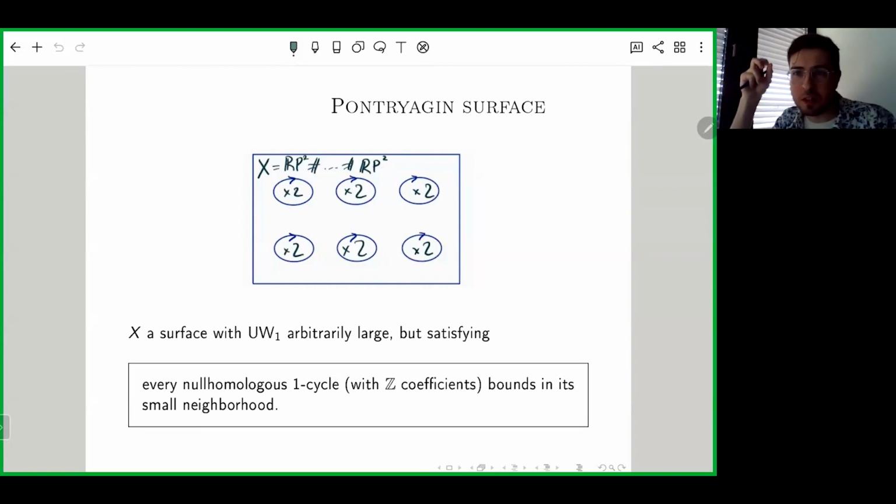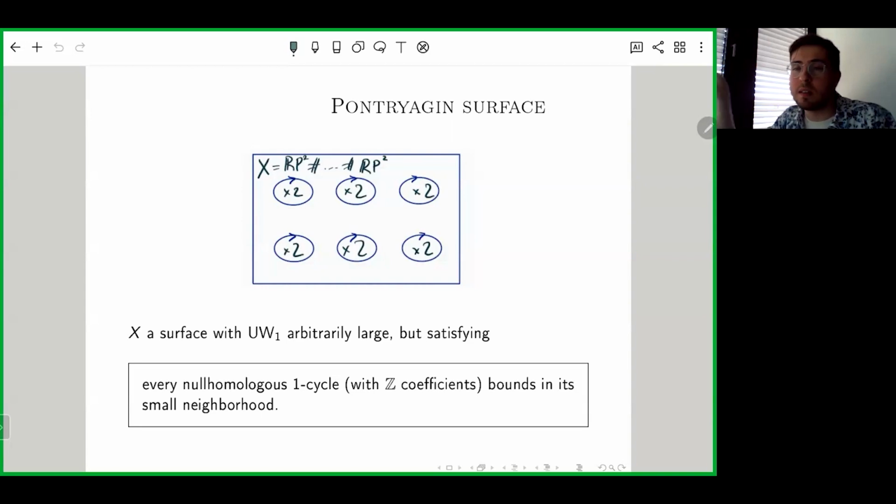So let's just take small model cross caps and attach them to each hole there. You'll actually get a two-dimensional non-orientable manifold. And it's easy to show that it cannot be approximated by a one-dimensional graph. So its Urysohn one-width is not small.